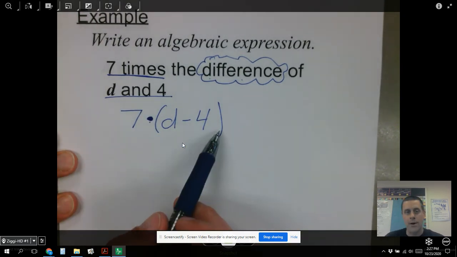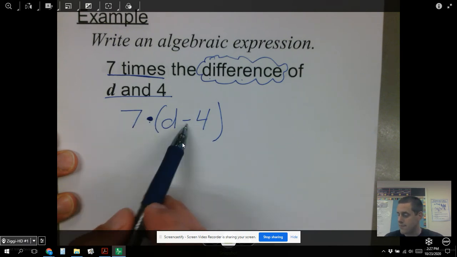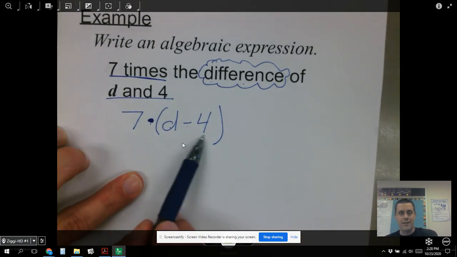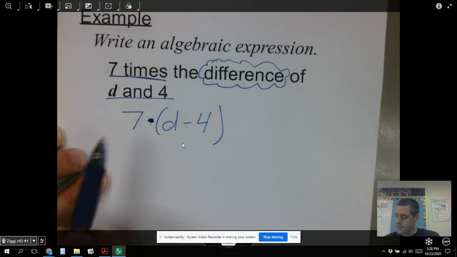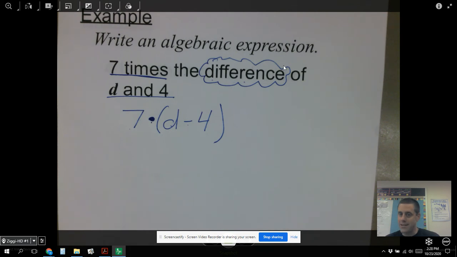If you write this without parentheses, 7 times d minus 4, you're not multiplying 7 times the difference. You're multiplying 7 times d. These parentheses ensure that this difference will be calculated before we multiply by 7. So 7 times the quantity of d minus 4. That's correct, but we can make this a little bit better.